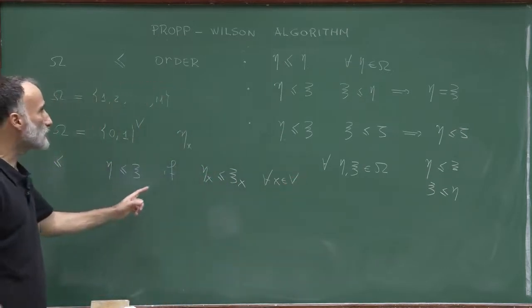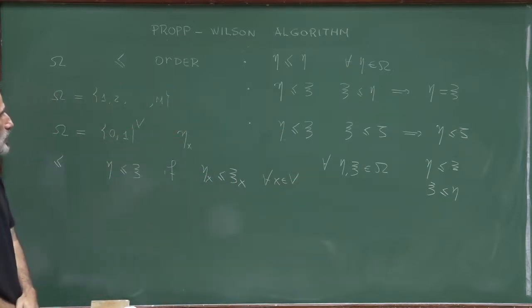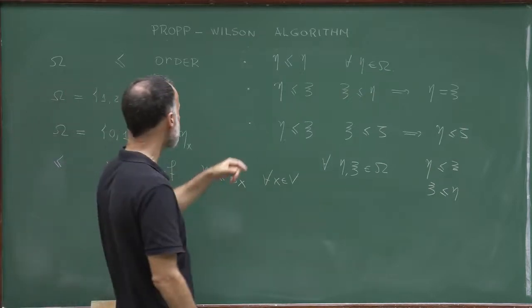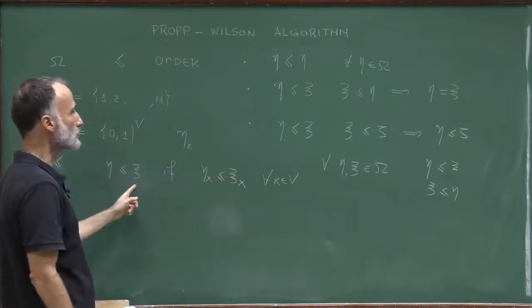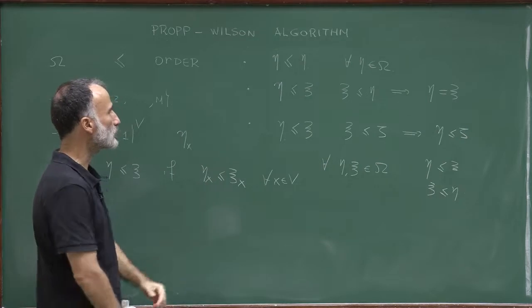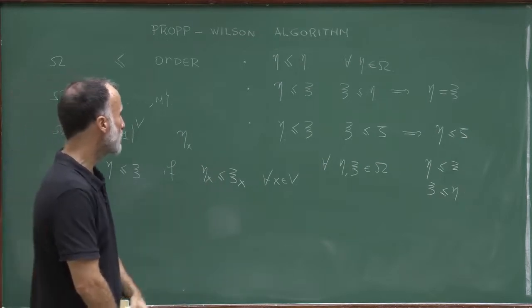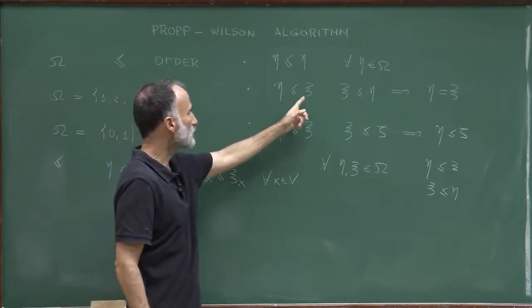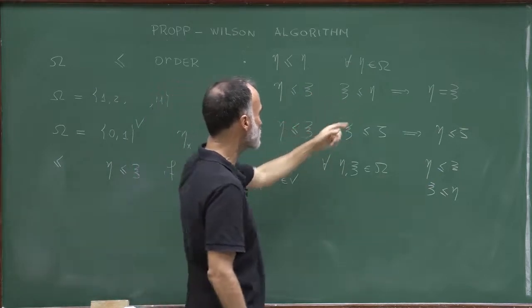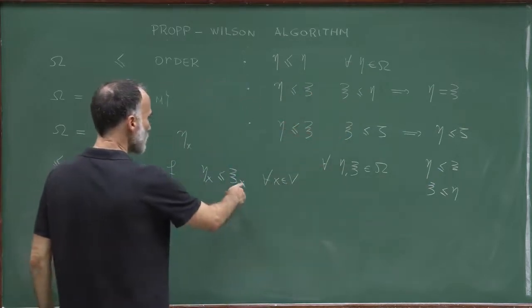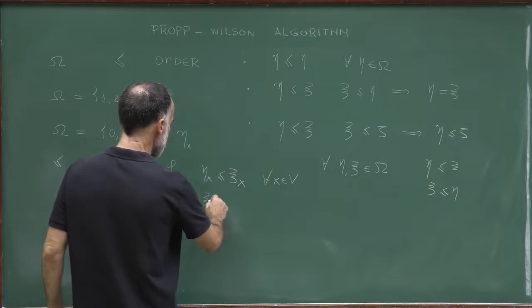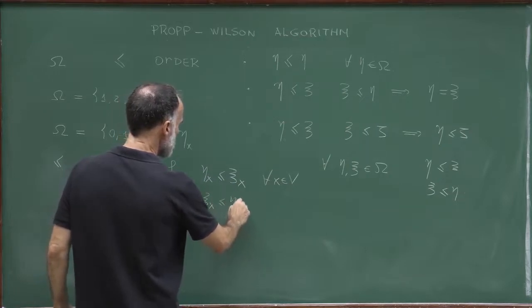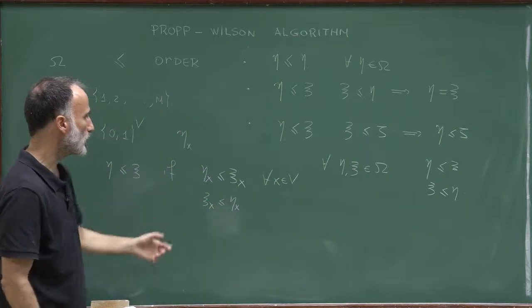So this relation, of course, satisfies all these 3 conditions. Of course, eta is less or equal than eta because eta x is less or equal than eta x for all x. Now, if you take 2 configurations such that eta is less than xi and xi is less than eta, this means that eta x is less than or equal to xi x for all x, and xi x is less or equal than eta x for all x.